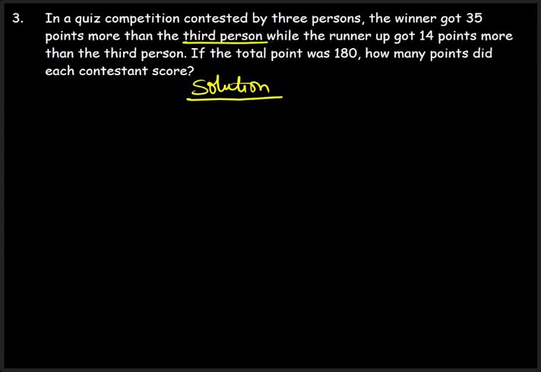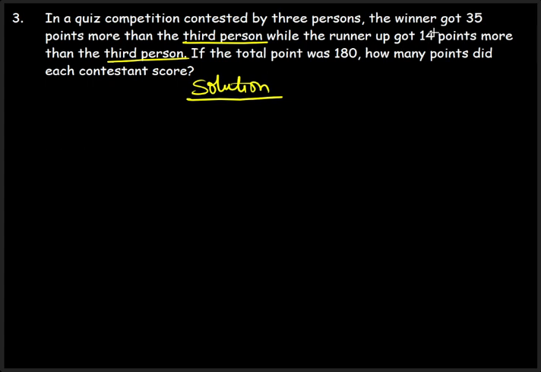That means the winner's point depends on the third person, while the runner-up got 14 points more than the third person. If the total point was 180, how many points did each contestant get?